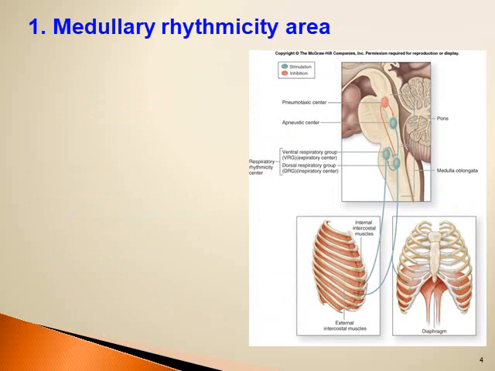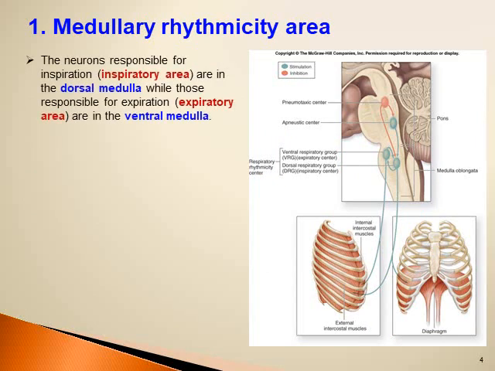Regarding the medullary rhythmicity area, the neurons responsible for inspiration, or we call them the inspiratory area, are in the dorsal medulla, while those responsible for expiration are in the ventral medulla. So here we have the inspiratory area and the expiratory area, and this is the ventral side in this figure, and here we have the dorsal side towards the cerebellum.